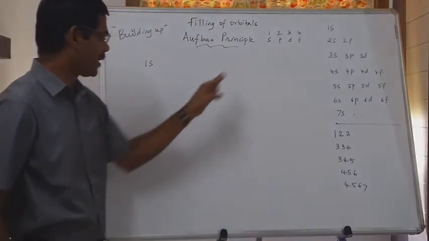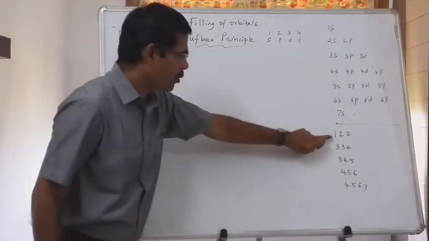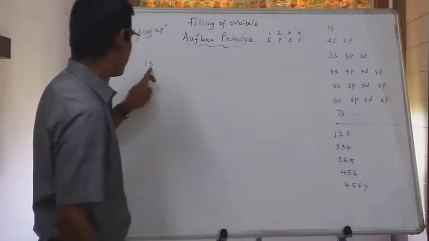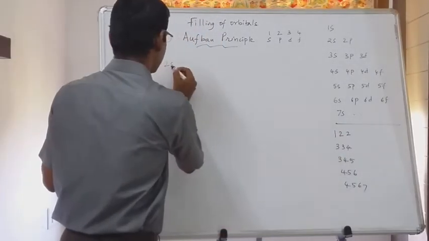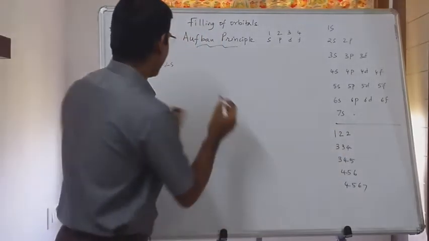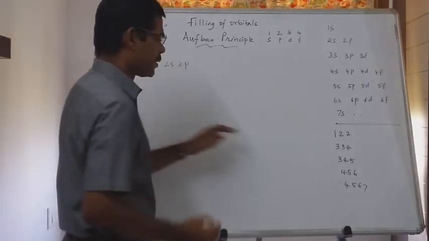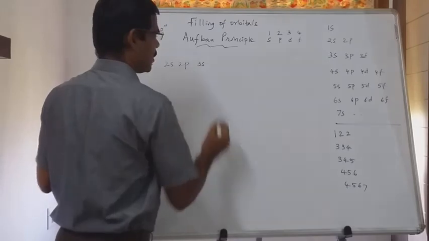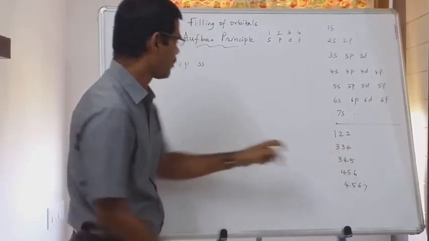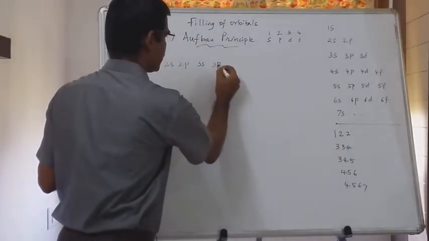Using that hint, let me elaborate now. Here 1 comes for the first time, so I am writing 1s. 2 comes for the first time, so 2s. Again 2 comes for the second time, so 2p. 3 comes for the first time, so 3s. 3 comes for the second time, so 3p.